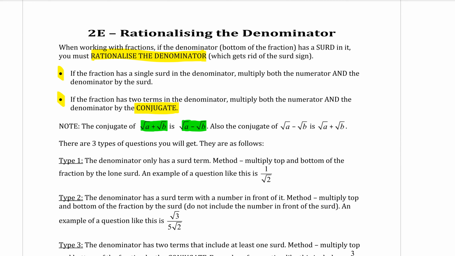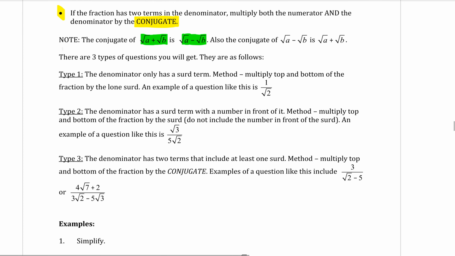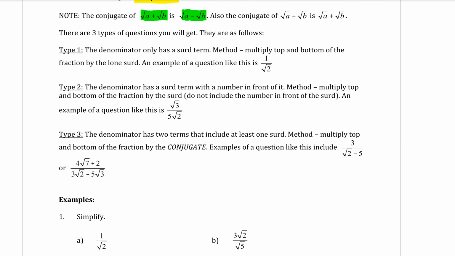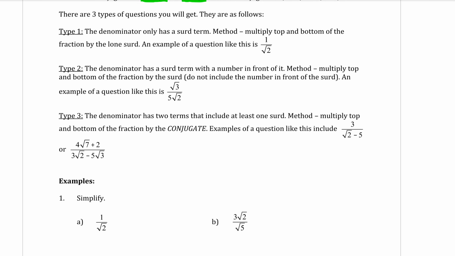Okay? There are three main types of questions that we're going to be looking at, and I've made a list here for you of what the three types are. Type number one is when the denominator only has a surd on the bottom of it. The method, what you need to do is to multiply the top and the bottom of the fraction by that lone surd that's on the bottom.